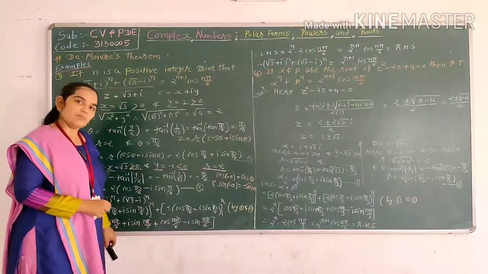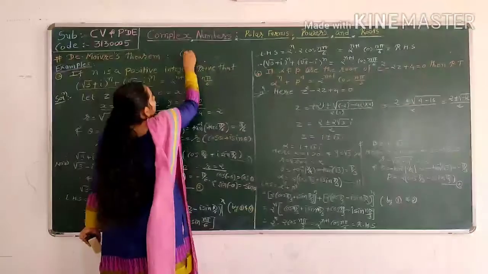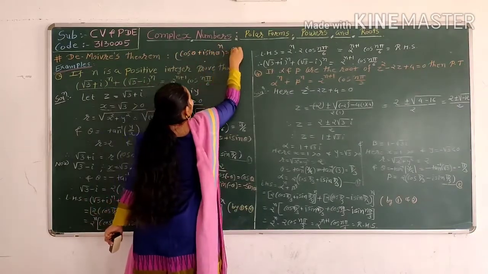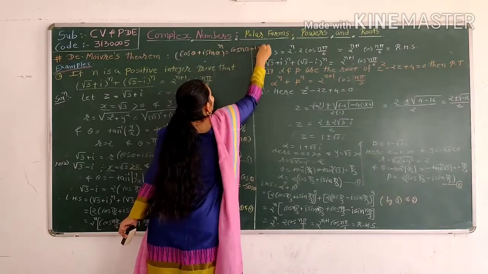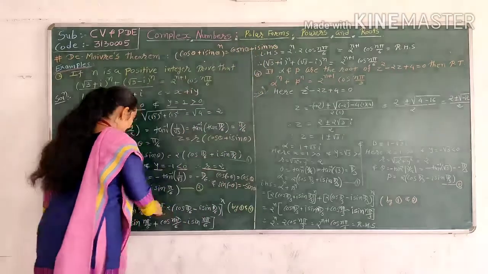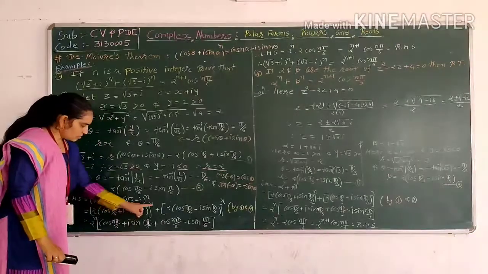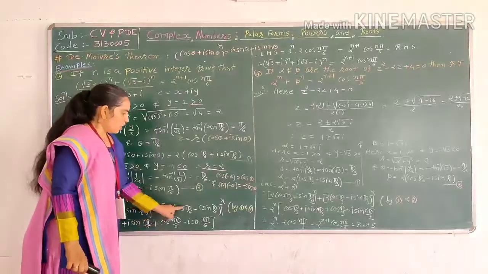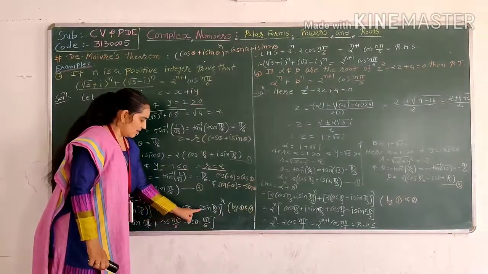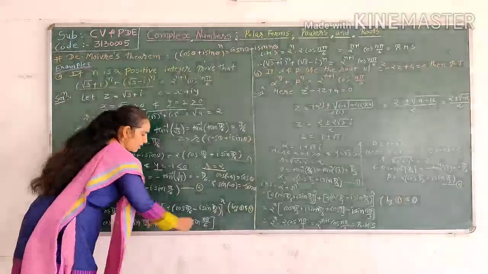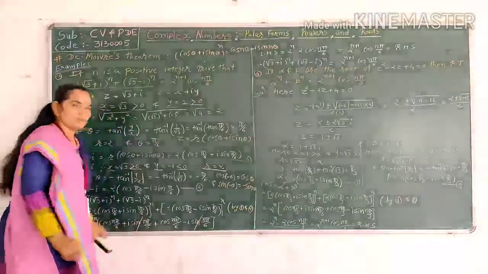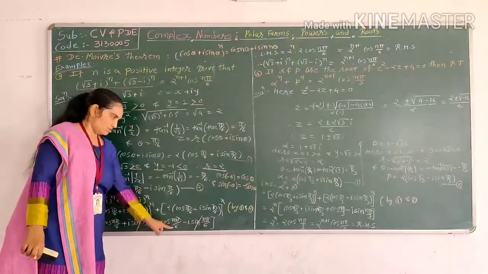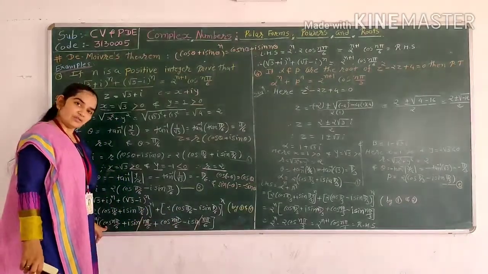We have to use De Moivre's theorem, which says cos theta plus i sin theta whole raised to n is equal to cos n theta plus i sin n theta. Using it here, 2 raised to n into cos n pi by 6 plus i sin n pi by 6 plus cos n pi by 6 minus i sin n pi by 6. Here the negative and positive terms cancel out. Therefore 2 raised to n into cos n pi by 6 plus cos n pi by 6, that is 2 times cos n pi by 6.